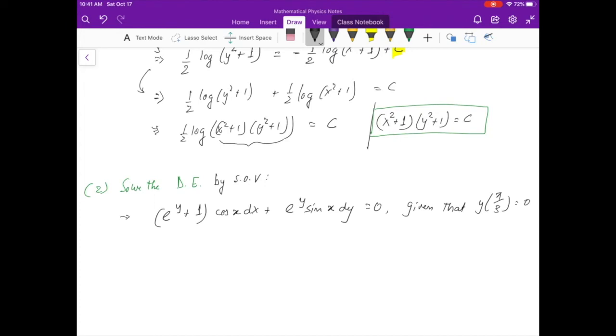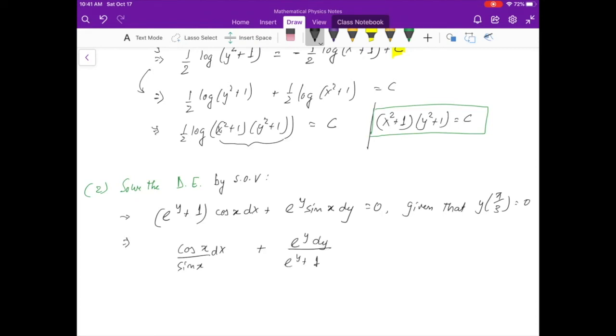So once we have reached this point, we have all the tools necessary to formulate the problem in a certain way and make sure we use the separation of variables accurately. One of the first observations is that the cosine x and the sine x can be brought together, and the e to the y and the e to the y plus 1 can be brought together. That will give you a function which only has x terms and a function which only has y terms.